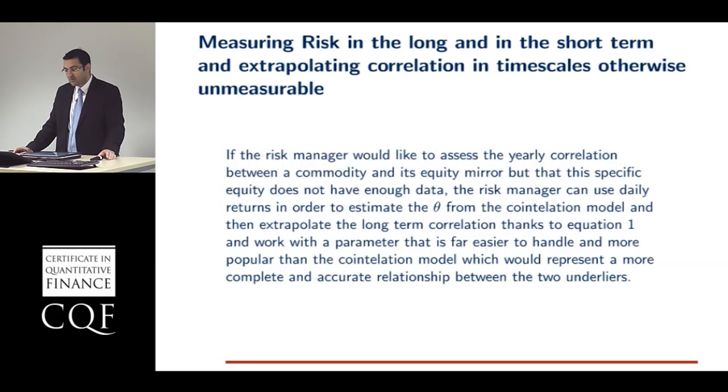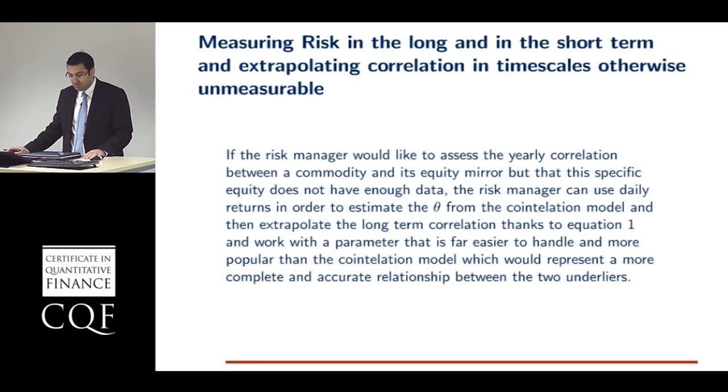So in terms of measuring risk in the long run with only short-term data, imagine you're assigned a task to measure the yearly correlation of some equity which has only 2 years of historical data. Obviously, you cannot do this because you would need maybe 30, 40 years of data in order to have a stable correlation estimate.